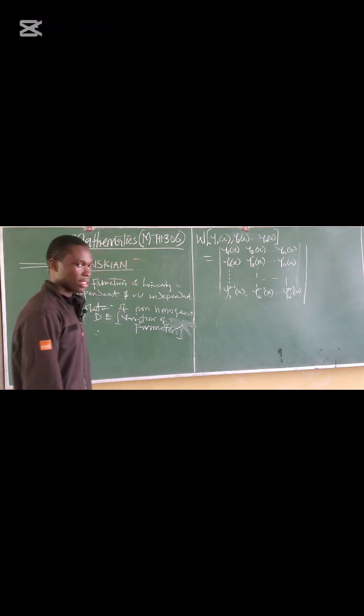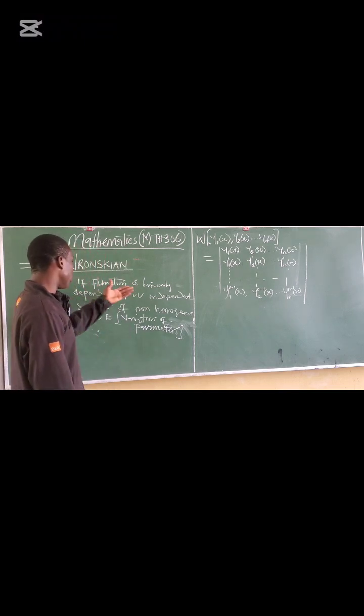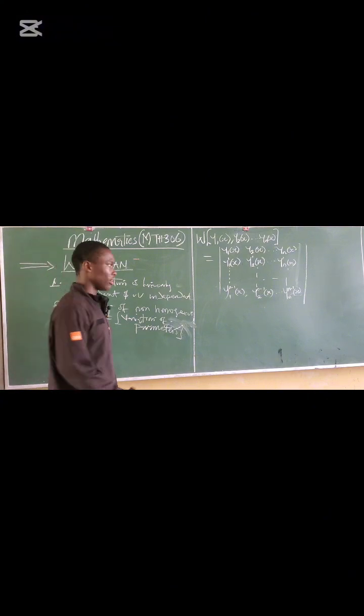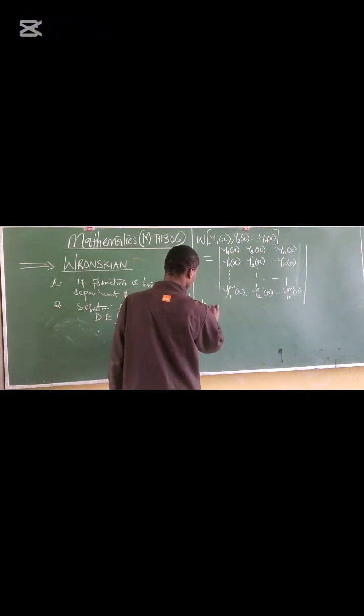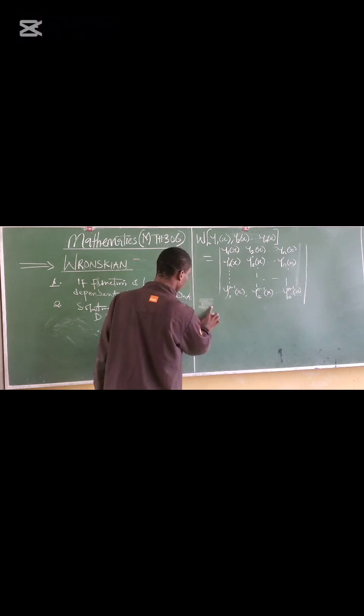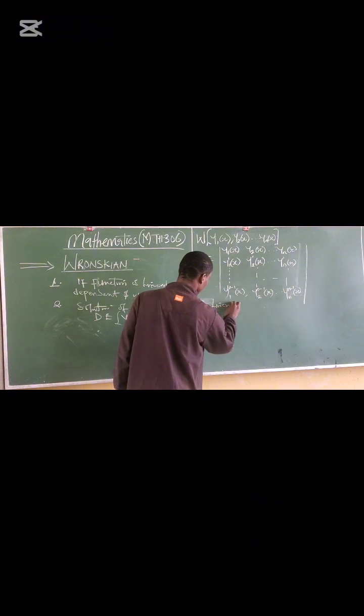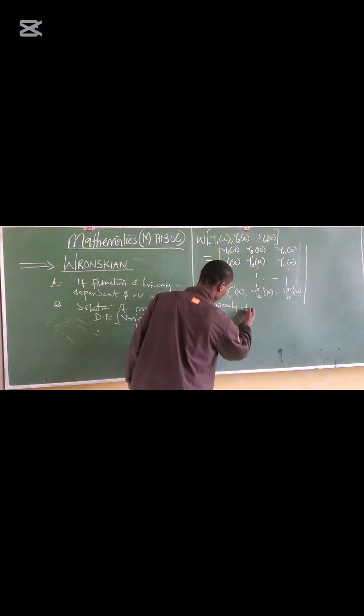Just like I said earlier, we use the WRONSKIAN to determine if the functions are linearly dependent or independent. Let's take the first one, linearly dependent.